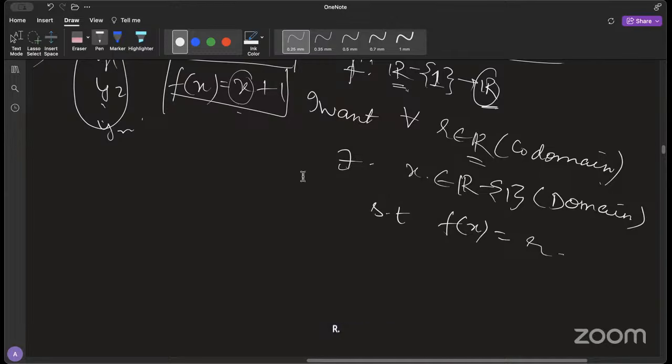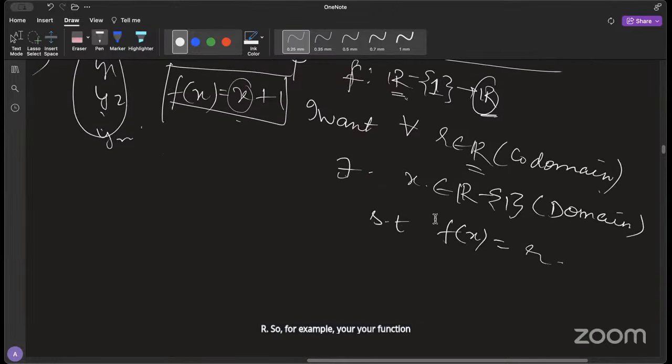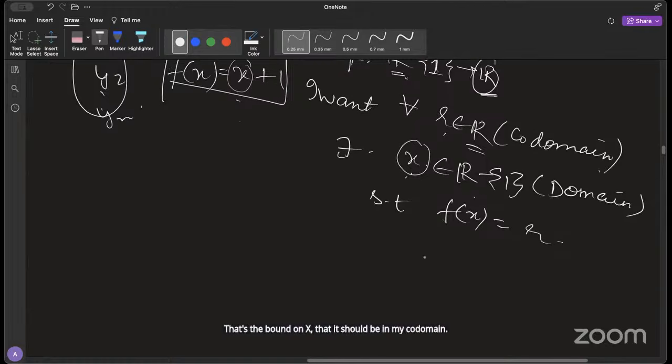So for example, your function is x plus 1. What do I want? For every r belonging to this codomain, I want an x from the domain such that the image of this x should be r. This x could be anything, but it should be in my domain. Let's take x plus 1 equal to r, where r is arbitrary.